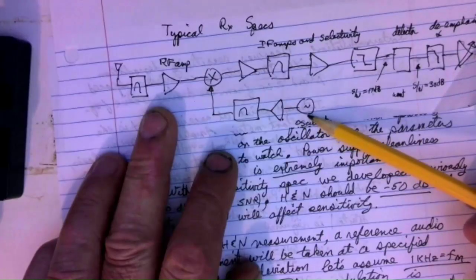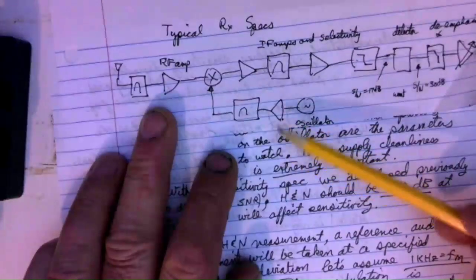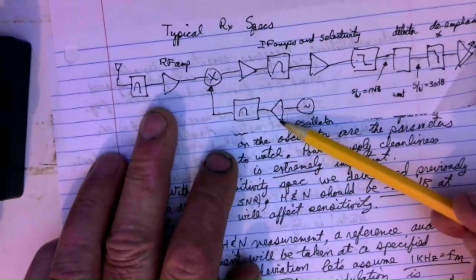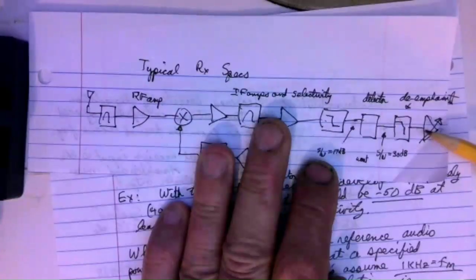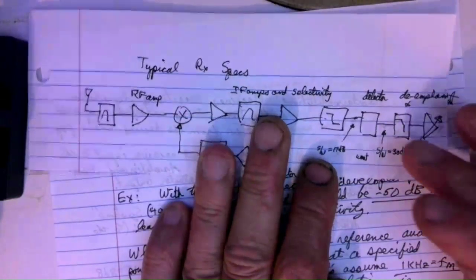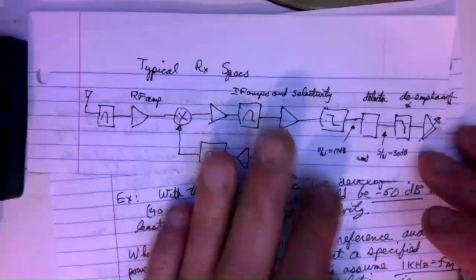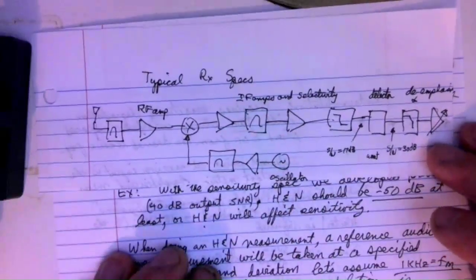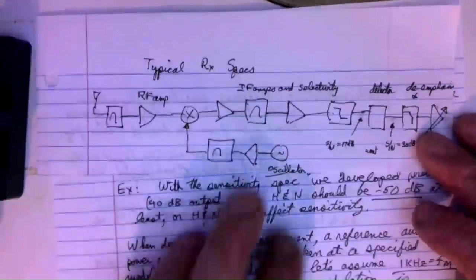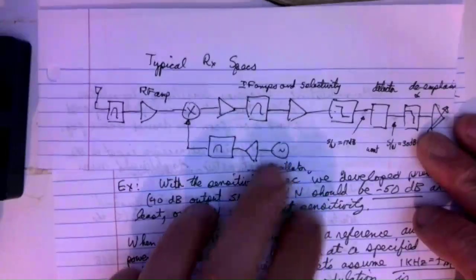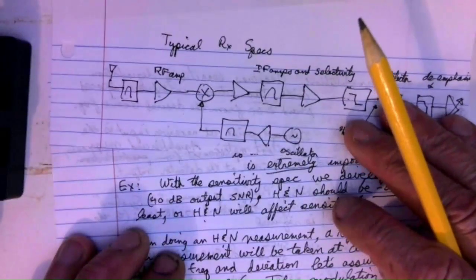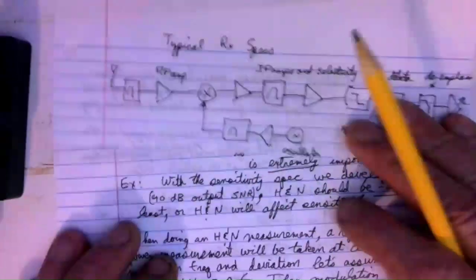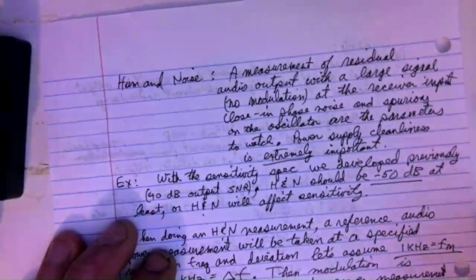The power supply to this guy, and the power supply to this buffer following the oscillator, and maybe even some of the low-level audio stages here. If there's garbage on it, that'll affect your output. But most important is that oscillator right there from a power supply cleanliness perspective. And then close-in phase noise, and we'll see that.